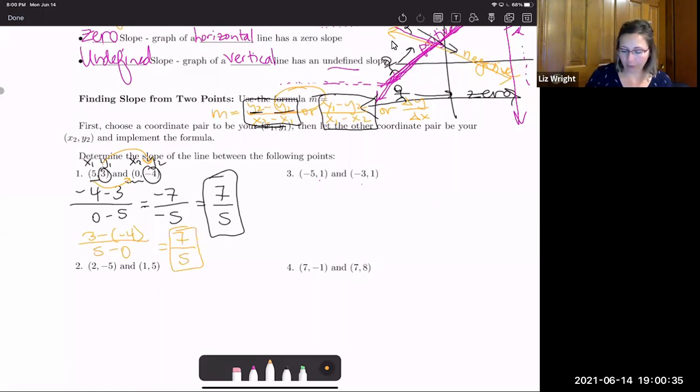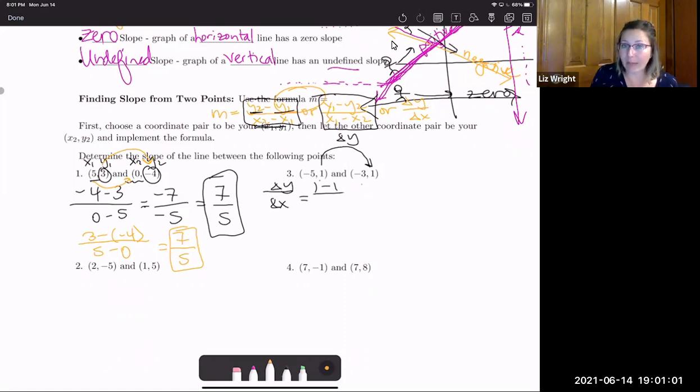All right, I'm going to bump over to 3 because it's just simpler, it's right there. This time I'm going to do change in y over change in x. I just think of it as, I'm going to start with my y's, and I'm going to go from left to right. This is my change in my y. So I'm going to do 1 minus 1. And then I'm going to do my change in my x's.